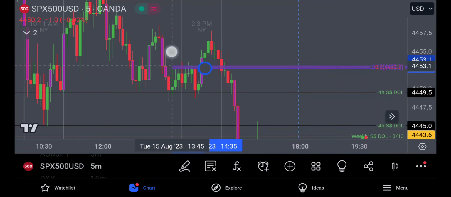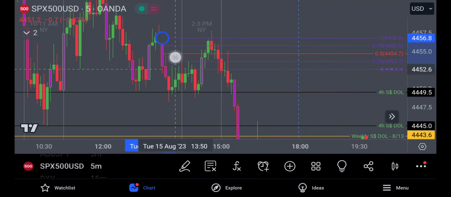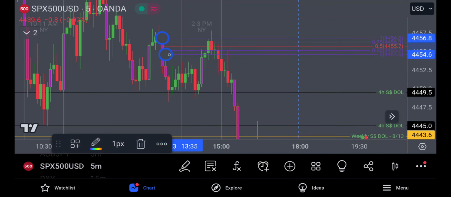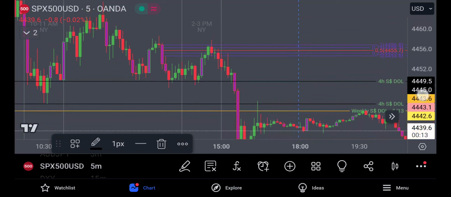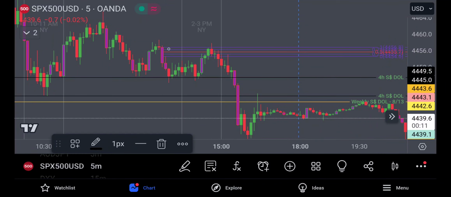Meaning, if we look over here, there was already an FVG formed that price traded into and respected, one that was already formed before 2 p.m. That trade worked out. So that's the key that everyone is missing.